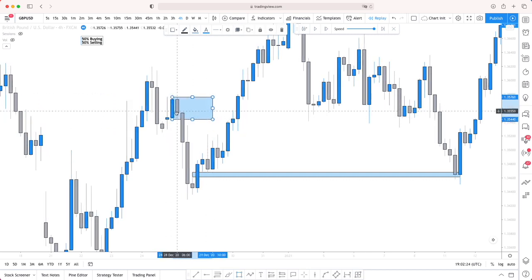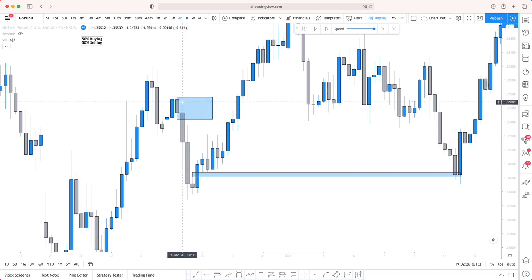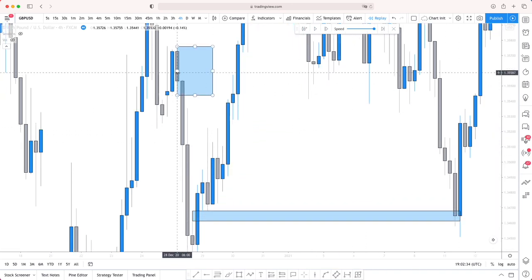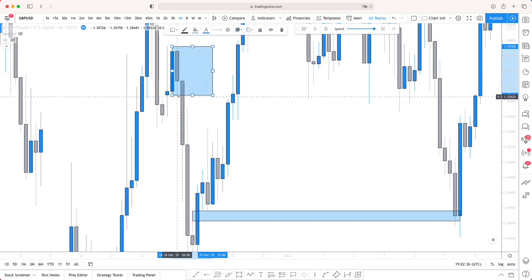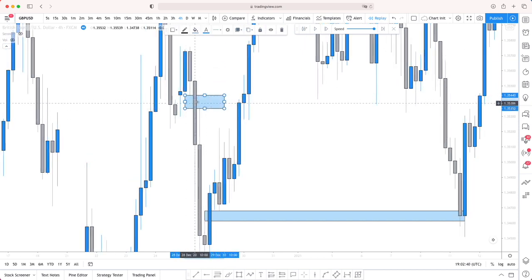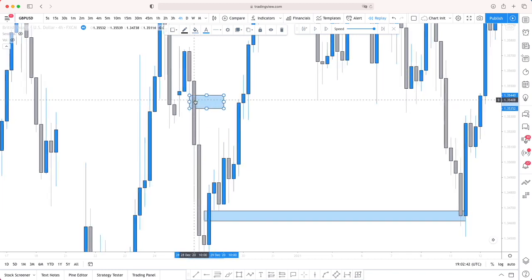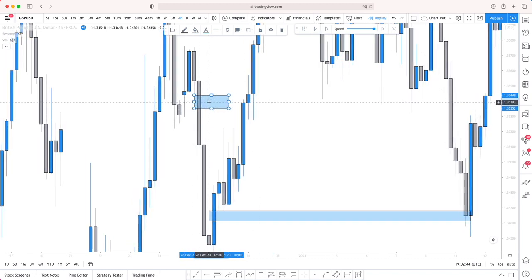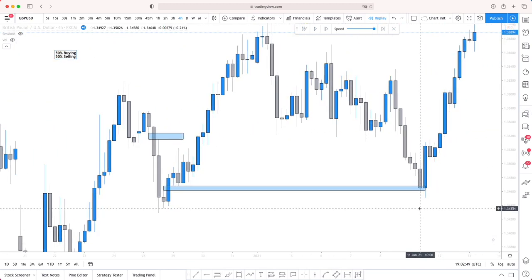The main reason we do that is because that is the candle before the impulse, and it also is the candle with the imbalance. If you think about it from where the wick is, the imbalance is between that wick and this wick here. There's pure sellers. Price needs to come and correct that imbalance at some point. It doesn't need to happen immediately, but it needs to happen at some point.